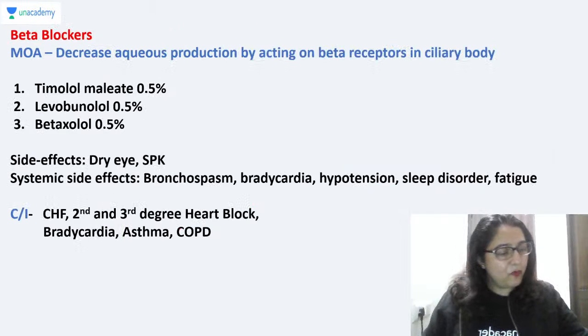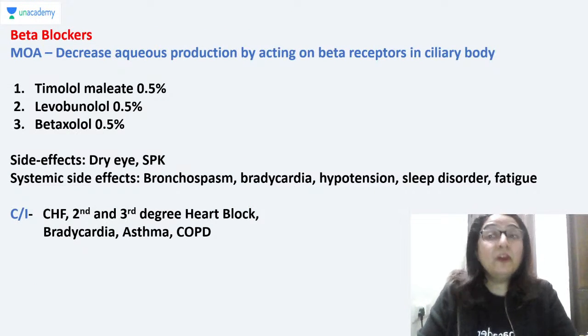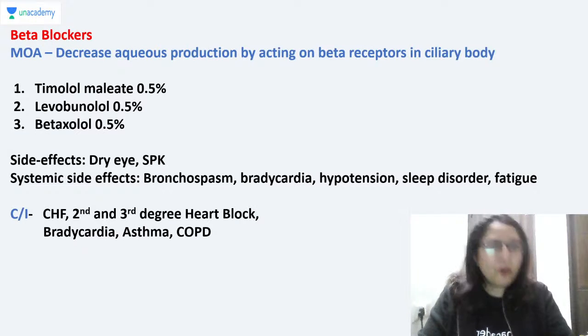Now we move on to the next group, which are the beta blockers. Before the prostaglandins came into the picture, beta blockers were the mainstay of therapy in glaucoma, though now, as I told you, they have been surpassed by the prostaglandin analogs.